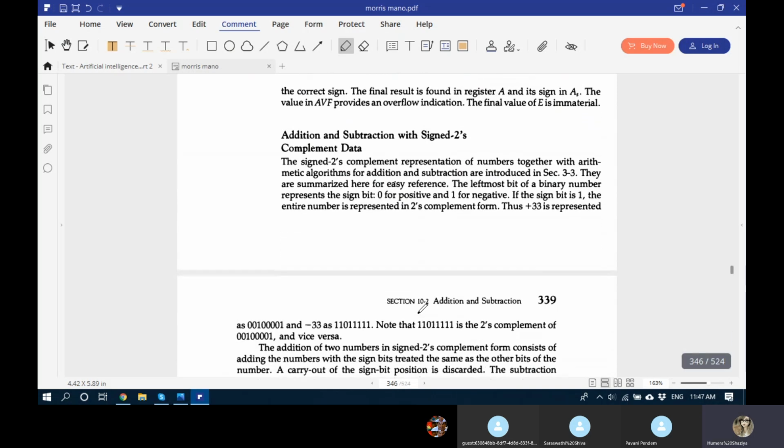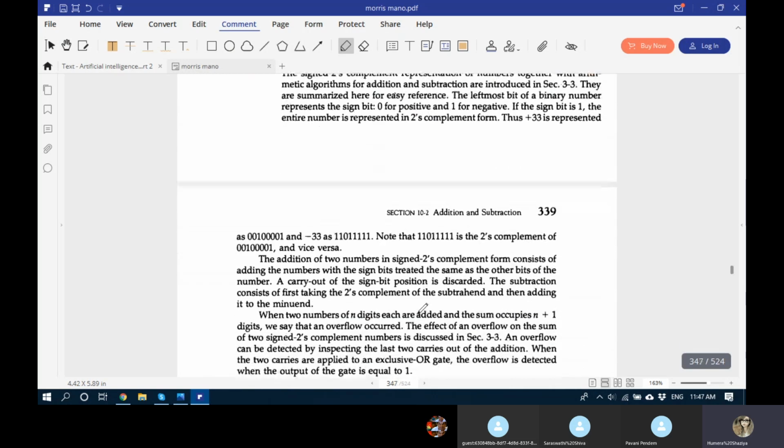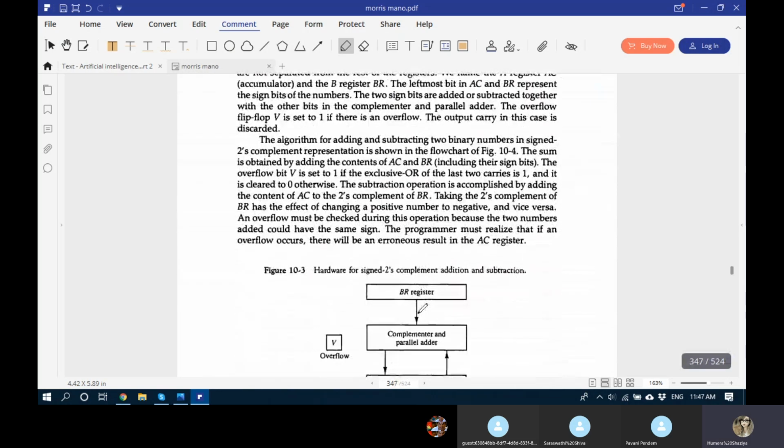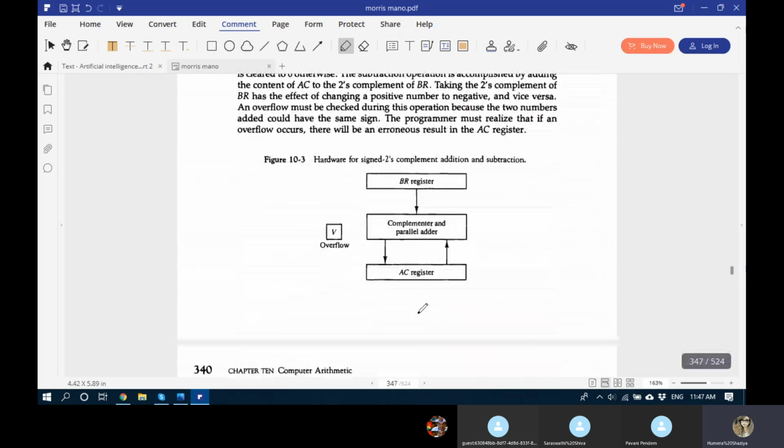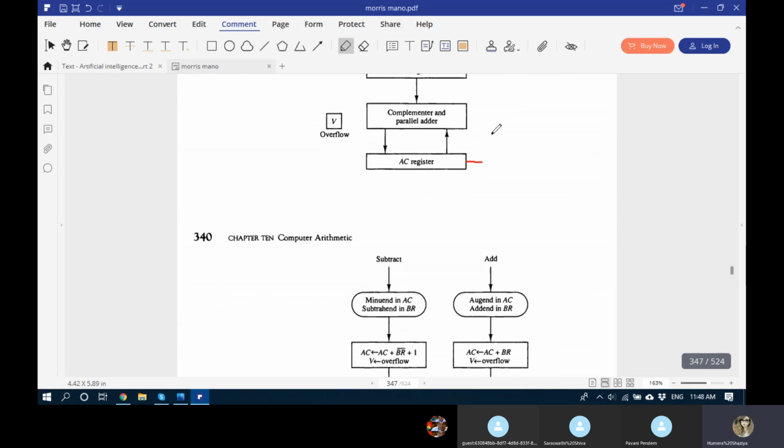This another algorithm is addition and subtraction with signed 2's complement. In signed 2's complement, you just require two registers and a complementer and a parallel adder and overflow. This is the hardware for signed 2's complement addition and subtraction.